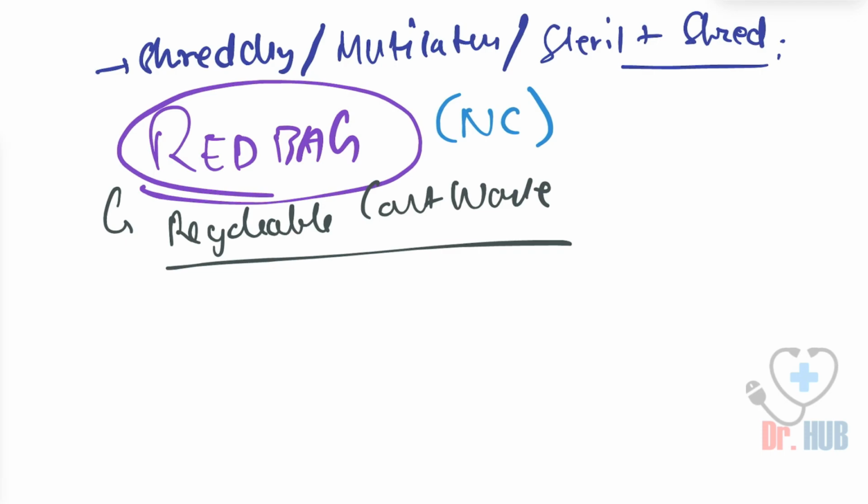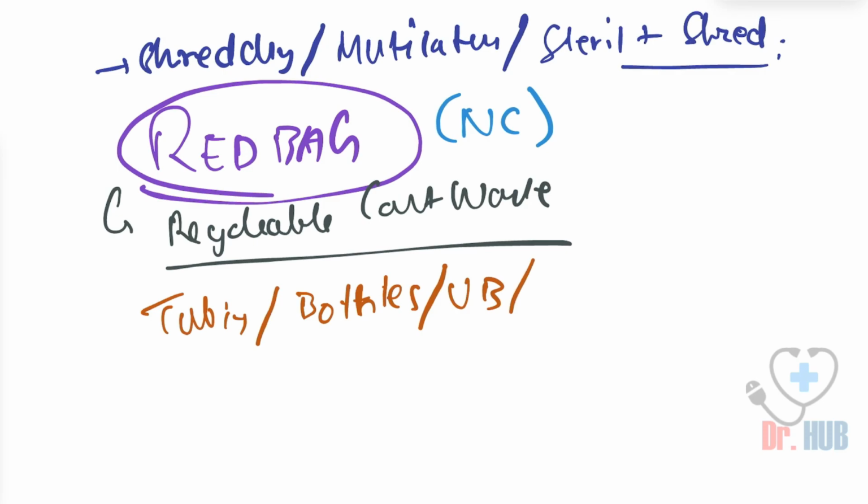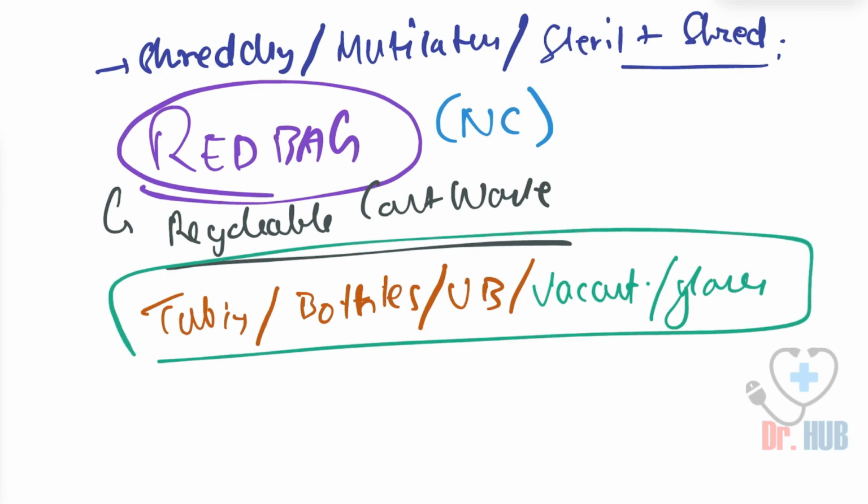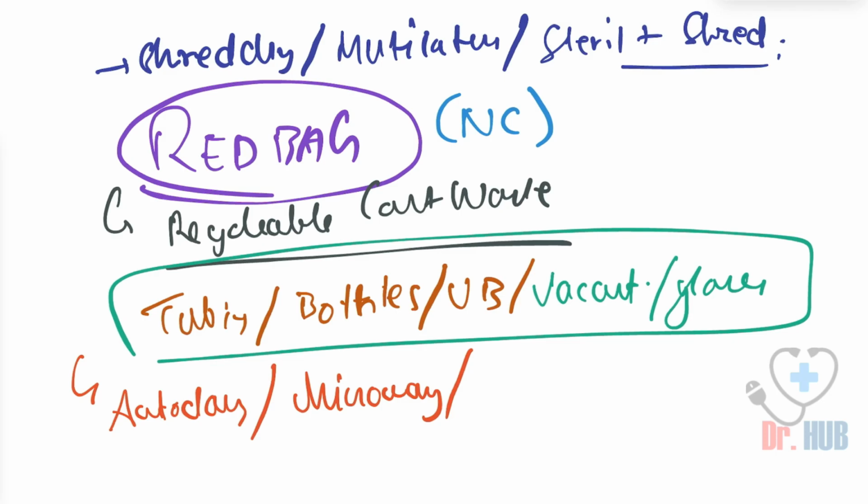It contains contaminated waste tubing, bottles, catheters, urine bags, and vacutainers with the needles cut, and also gloves. So how are all these items disposed? You can do autoclaving, microwaving, and hydroclaving.